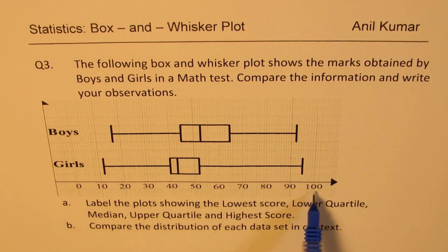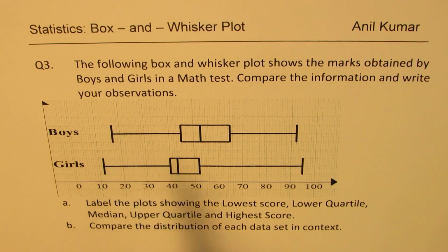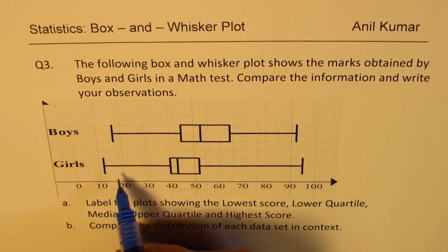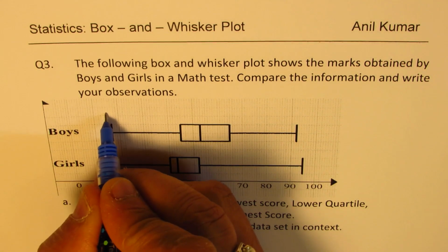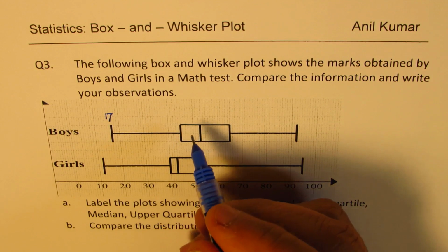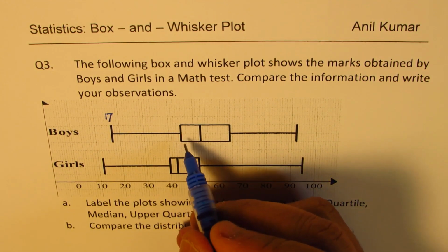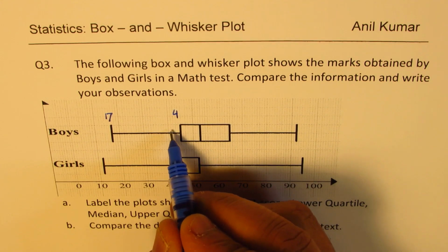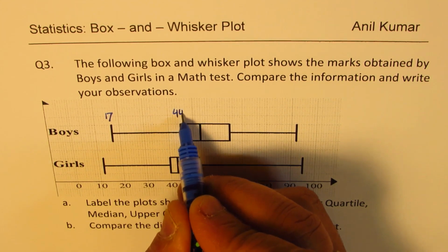So it seems that the marks are from 100. So let's assume that. Now let's write down some values. So as far as the boys are concerned, the lowest value seems to be around 17, right? So this seems to be 17, that is 20. Quartile 1 is around 40, this is 1, 2, 3, 4, 44.